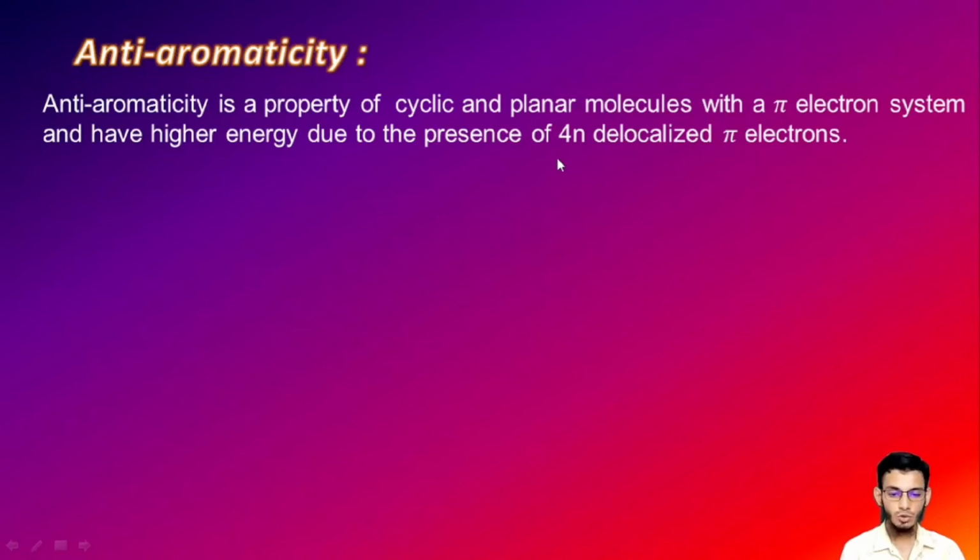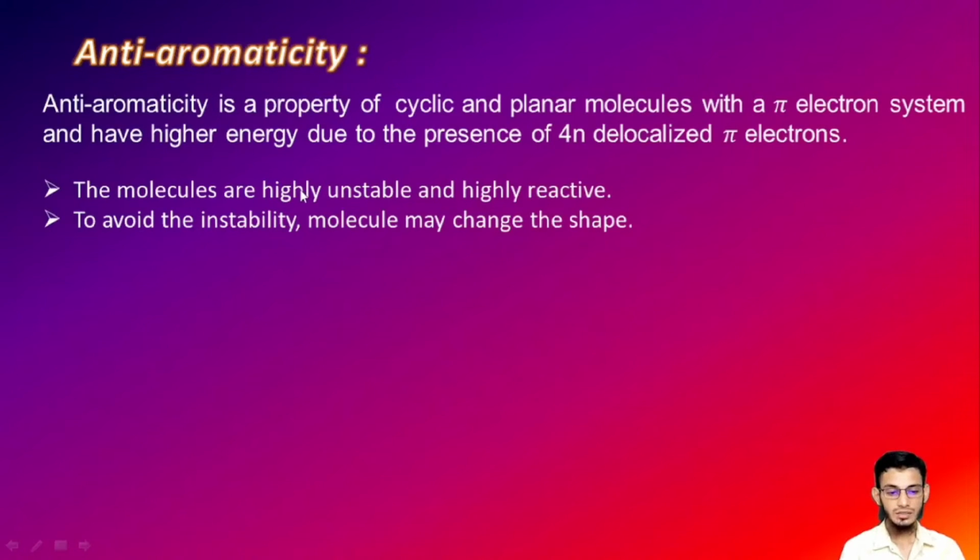But how many pi electrons? 4n delocalized pi electrons. So if the molecule has 4n delocalized pi electrons, not 4n plus 2, it will be an anti-aromatic compound. Remember, the anti-aromatic compound has high energy and is highly unstable. You know, highly unstable means highly reactive.